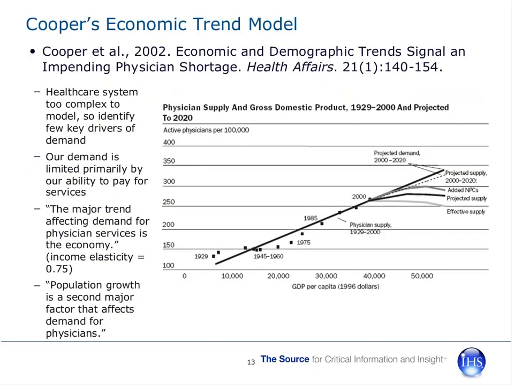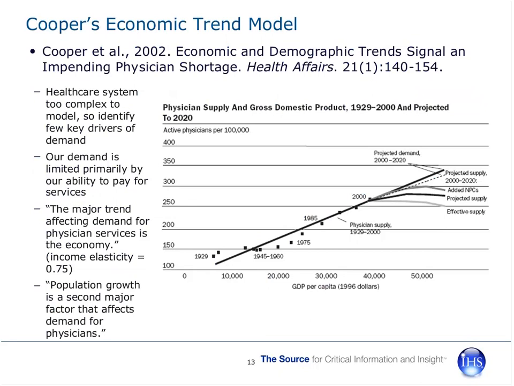Now, I want to go back to the other approach, the trend approach or the correlation approach, and give an example of Dr. Cooper's work that was published in Health Affairs in 2002. Dr. Cooper's hypothesis was that the healthcare system is really too complex to try and model, and so you should find a handful of key drivers and just focus on those.